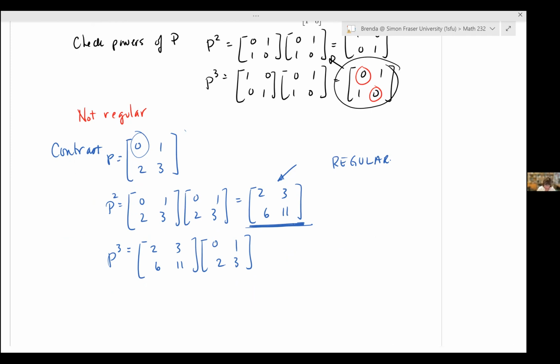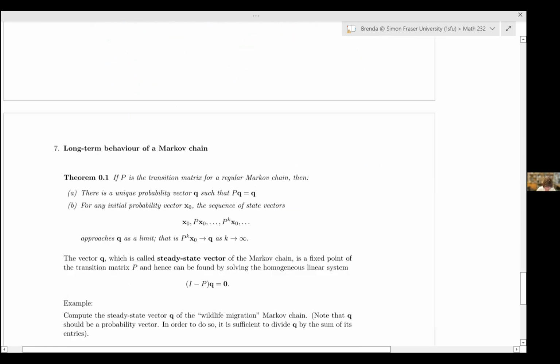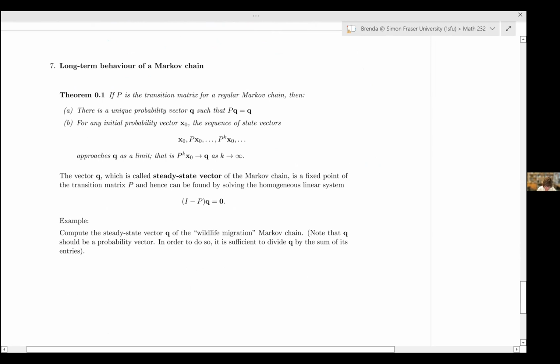We need that because if we want to know the long-term behavior of a Markov chain, we need that it's regular. It's not much of an onerous restriction. Usually there aren't even any zeros because we don't often have probability zero events, but it is of course possible.